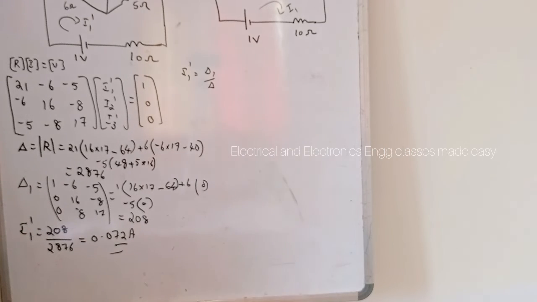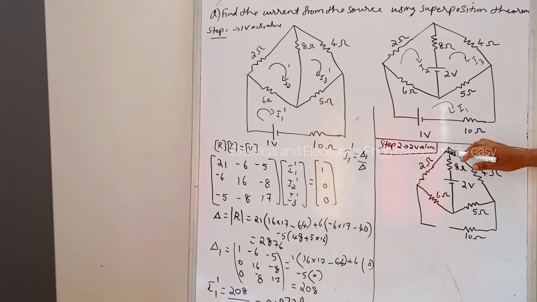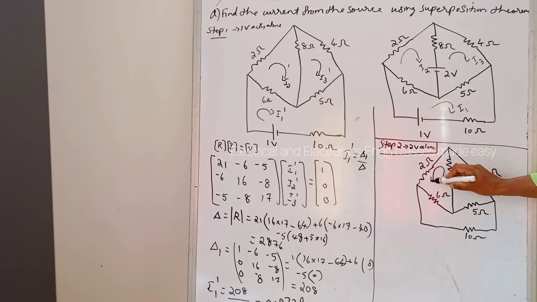Now we have to consider the next voltage source. So the next step is to consider this 2 volt source acting alone. Then we have to short circuit this 1 volt source. Now mark the currents. So consider this voltage source, here this is minus 2 plus. So I2 will be in this direction, and both the currents will be splitting from these points.